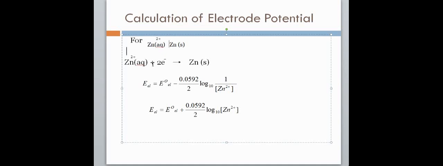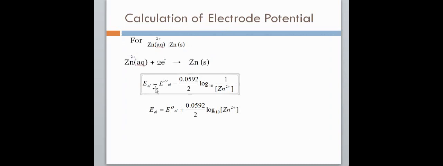That's why I will show gain of electrons, Zn2 plus plus 2e minus arrow Zn. Suppose this would have been Zn solid, vertical line Zn2 plus, that represents the anode, and then it would have been Zn arrow Zn2 plus plus 2e minus. But since they have represented the cell in this manner, our equation becomes like this.